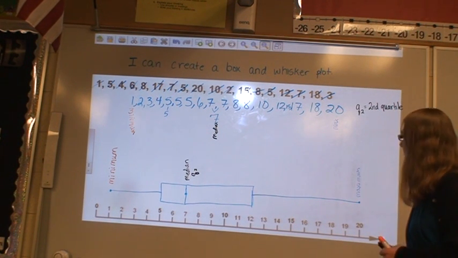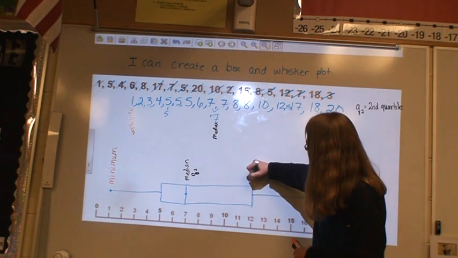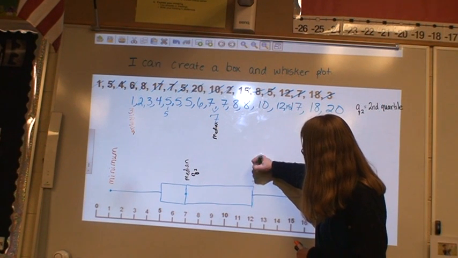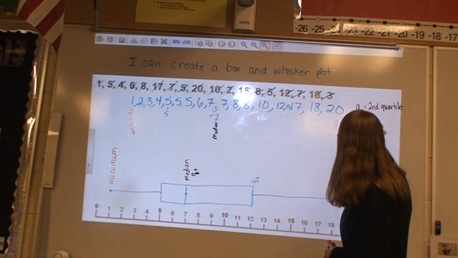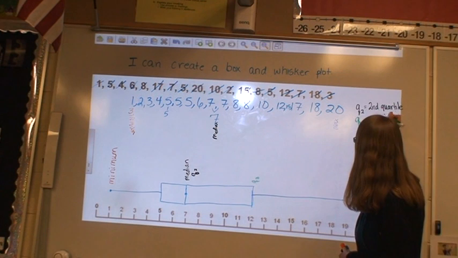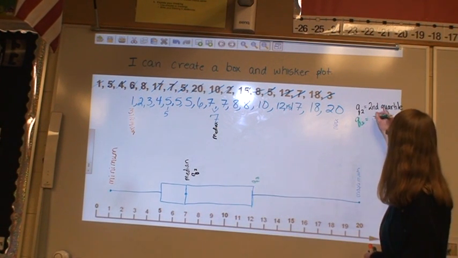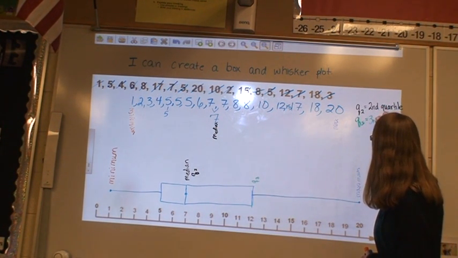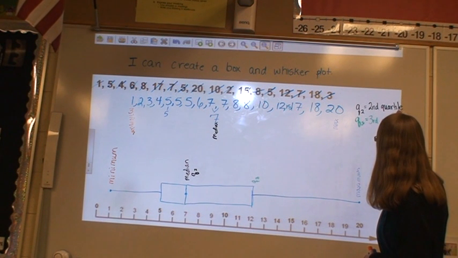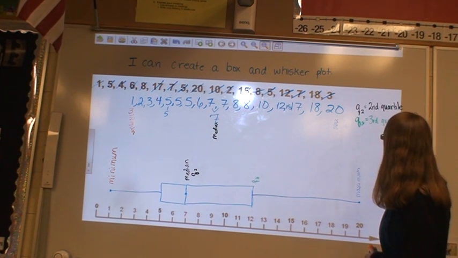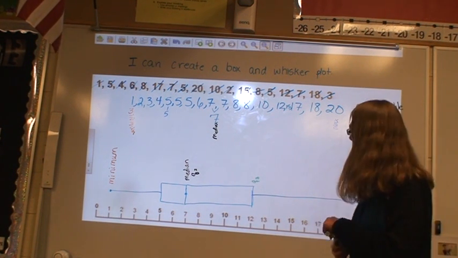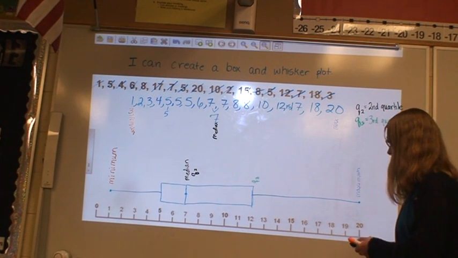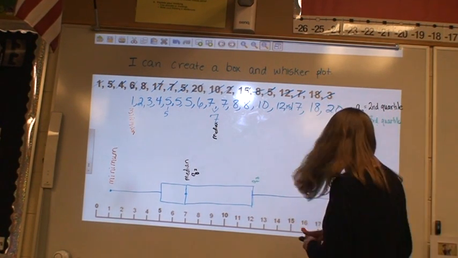Then I have Q3. This is your third quartile. That's like saying 75% of your data is in there. So this is your third quartile. And you can probably guess what this line is going to be called. I need a different color.